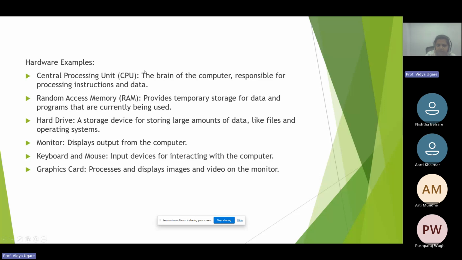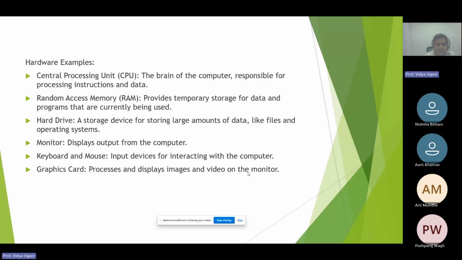We already know the CPU is the brain of the computer and performs execution, RAM is for temporary storage, hard drive is for permanent storage of a large amount of data, the monitor is an output unit which displays, and keyboard and mouse are input devices for giving inputs to the computer. The graphics card is for displaying images and video in better quality.